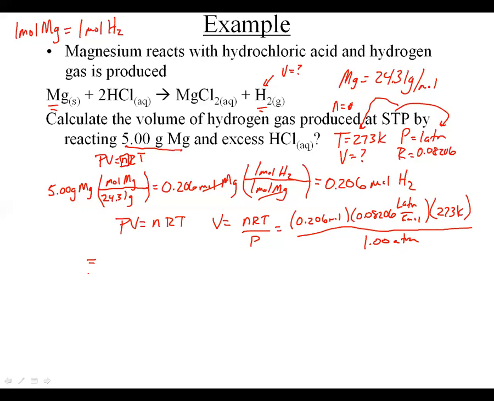And if we do that, we end up with 4.61 liters of H2 in this case would be produced. Any questions on that calculation?